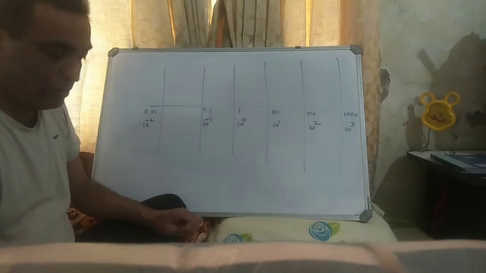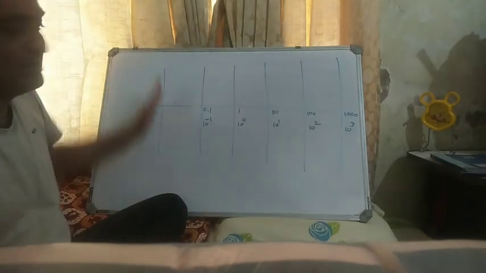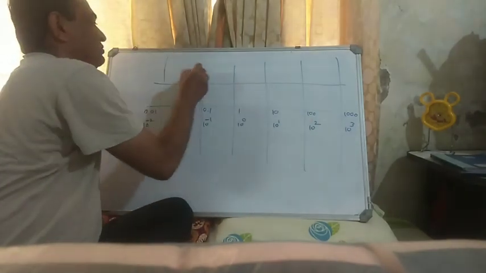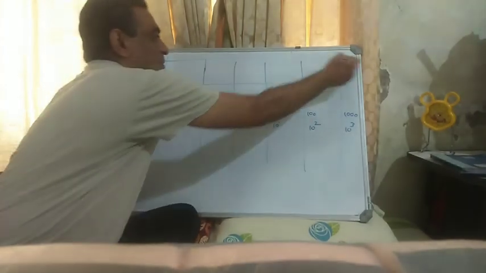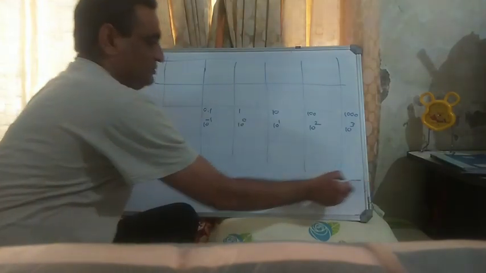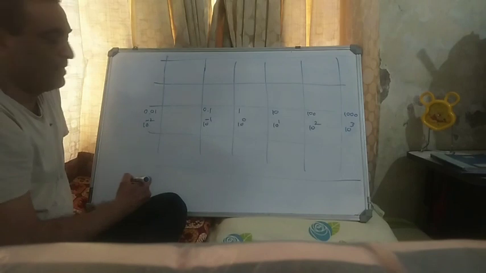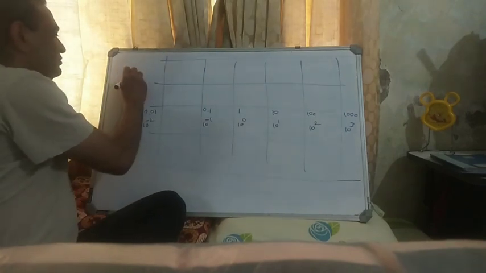Alright. Now talking about the axes. This is how a semi-log graph paper looks like. Here I need to have a magnitude also in decibel.